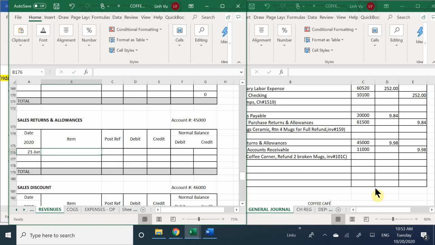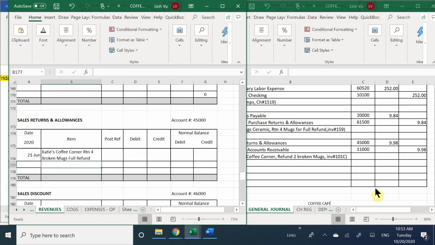You can go ahead and write Katie's Coffee Corner, return RTN for broken mugs, for a full refund. Okay.